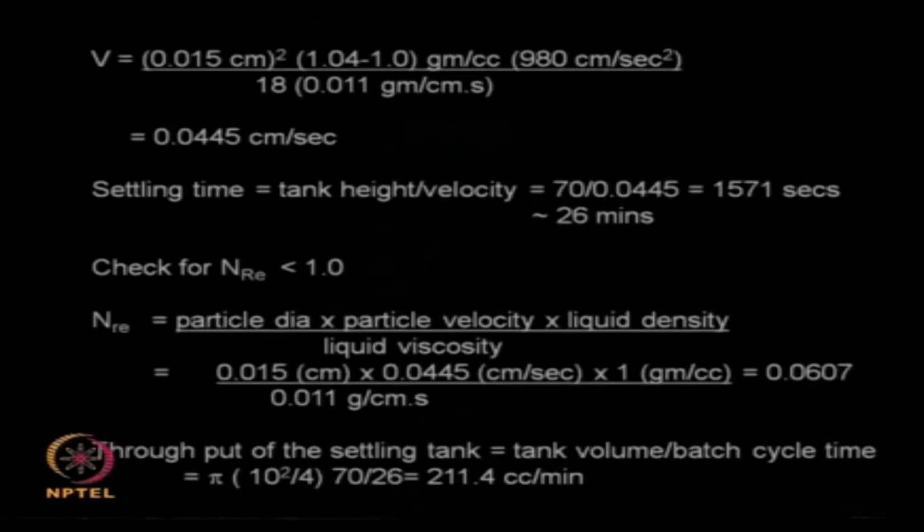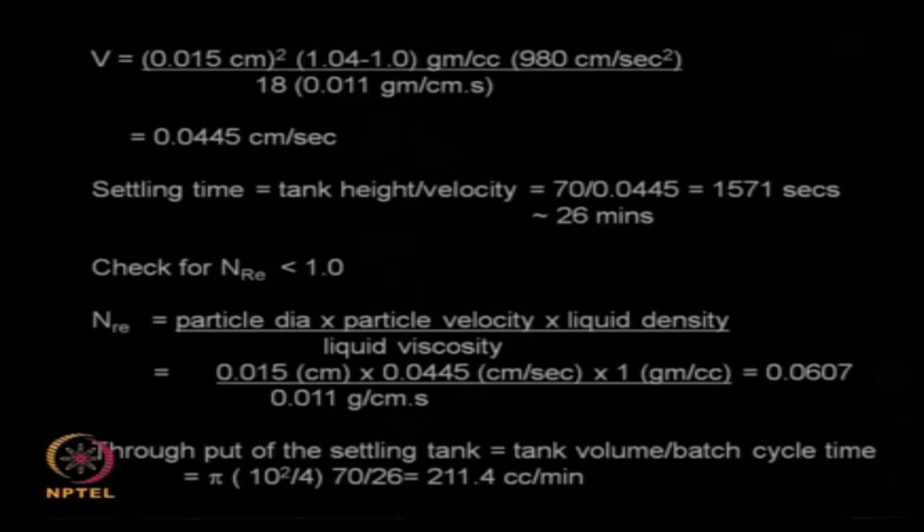Now the Stokes law, if you recall, is valid only when the Reynolds number is very low, that means Reynolds number less than 1. So we need to check whether the Reynolds number is really low, otherwise Stokes law is not valid. Why is it so? Reynolds number is a function of many parameters: diameter of the particle, particle velocity, and the physical properties of the liquid.